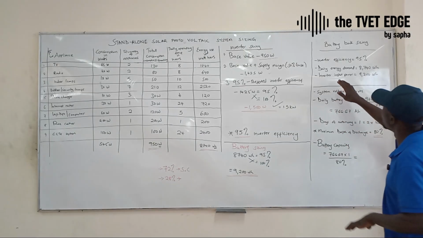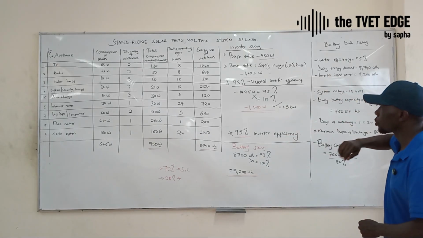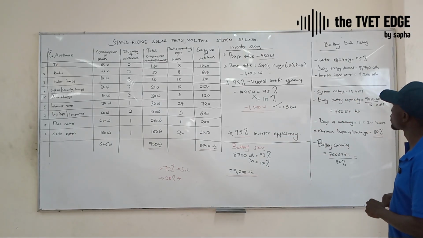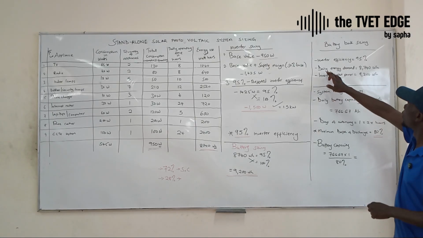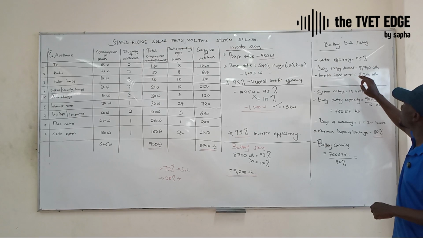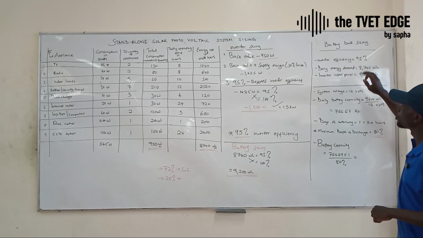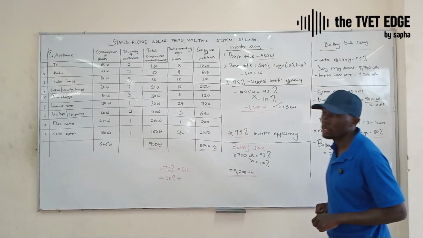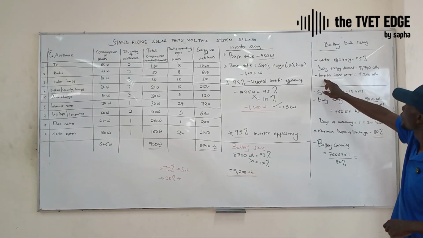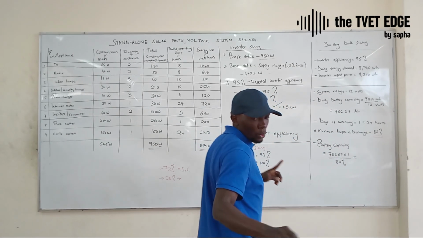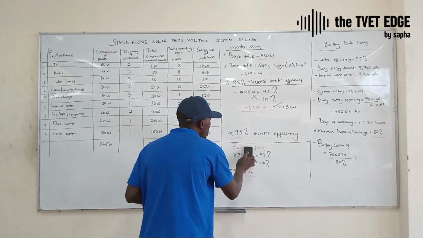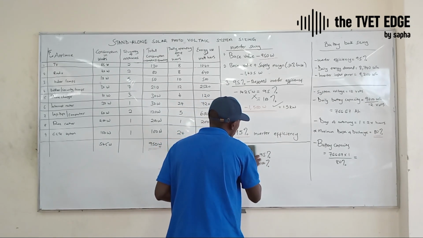So we have decided that we are going with a 95% efficient inverter, and the daily energy demand is equivalent to 8740 watt hour. We've already predetermined that. How did we approach the inverter input power?